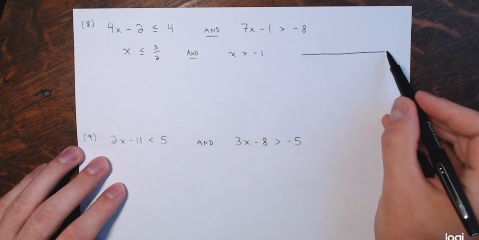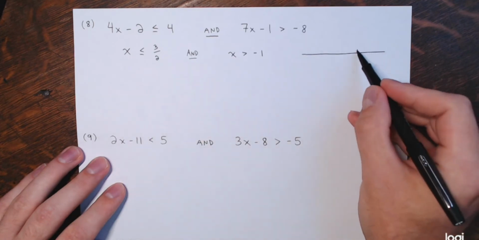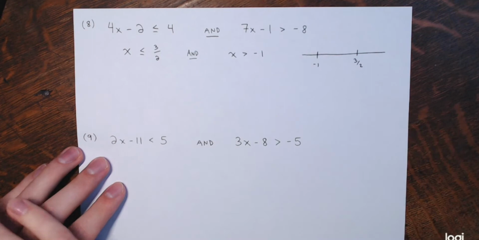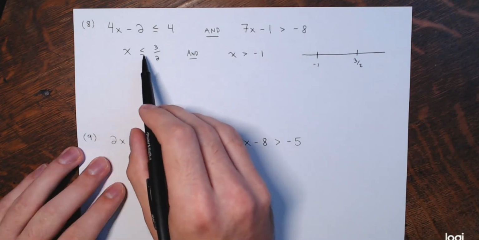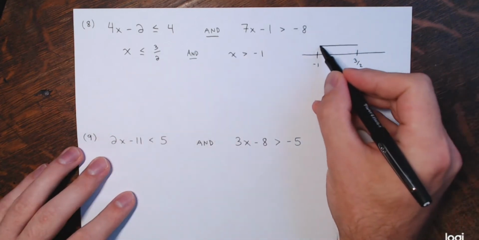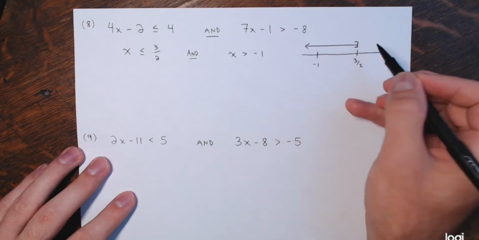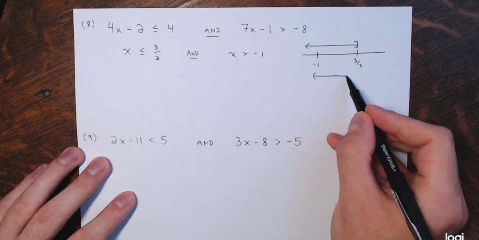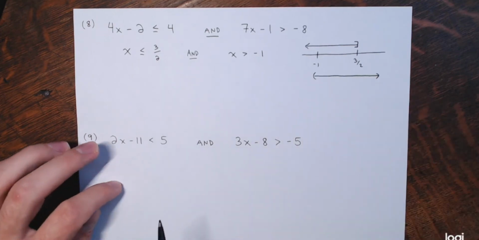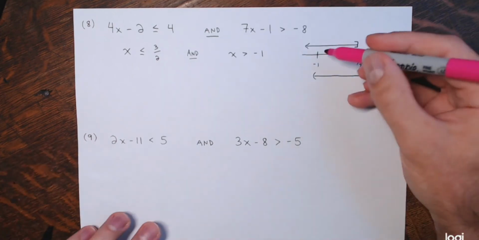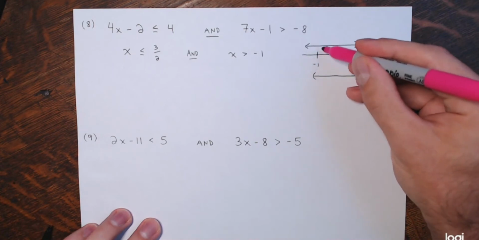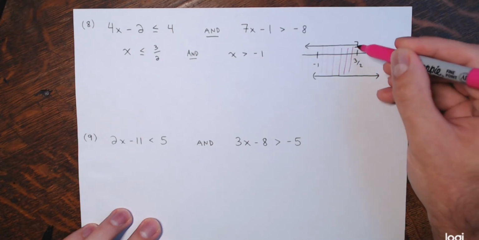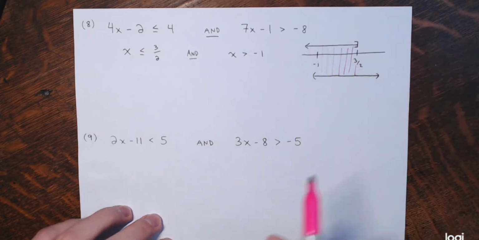Make a rough graph. Now 3/2 would be to the right of -1. X is less than or equal to 3/2. That's this picture here on top. X is greater than -1. That's this picture here. Right. And the overlap, right? -1 is not on both graphs, but all the numbers in between -1 and 3/2 are, and then 3/2 is also on both graphs.